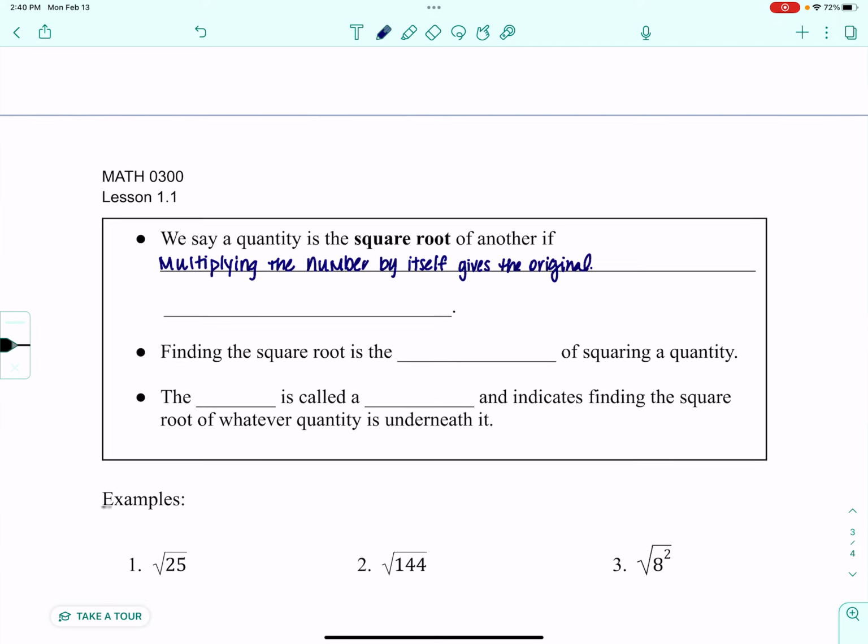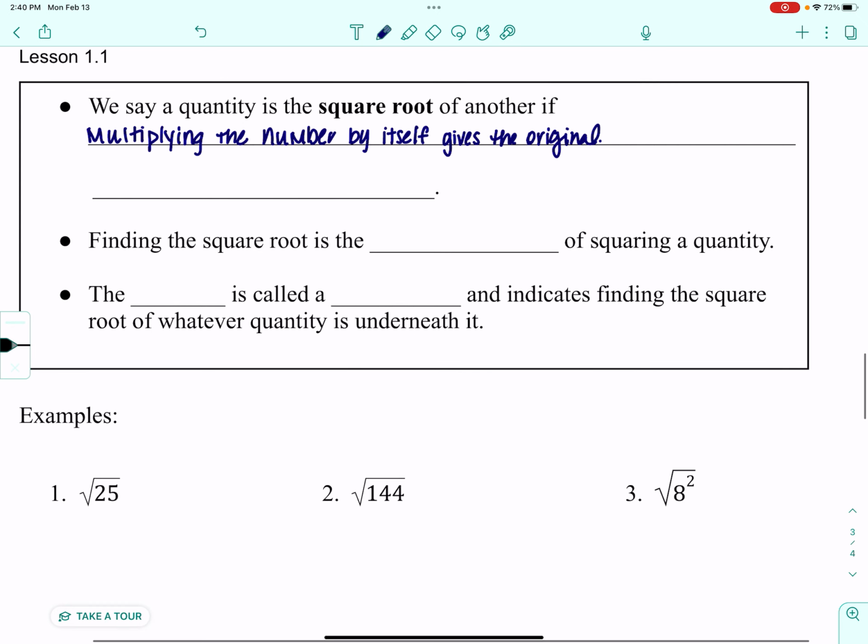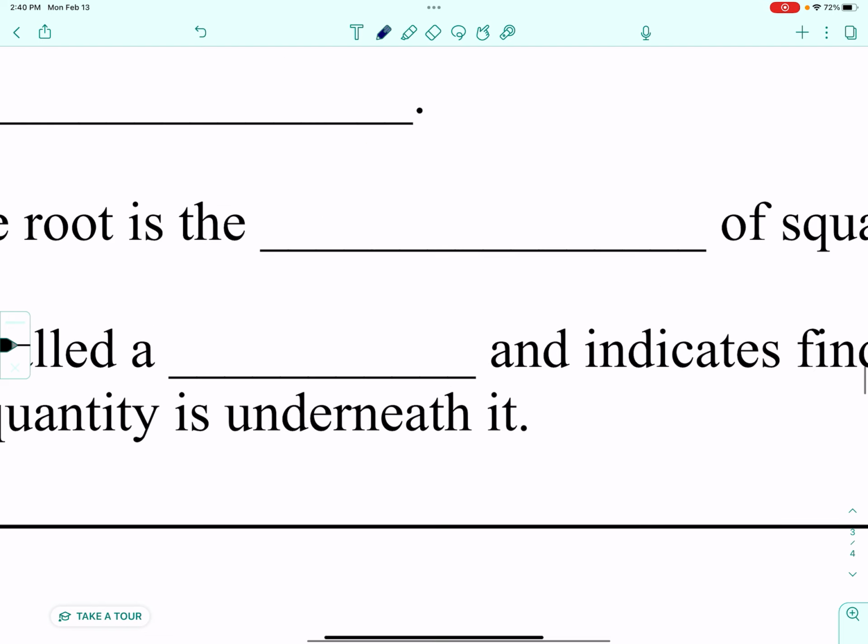When we find the square root, we need to talk about operations. When finding the square root, you are actually using the inverse, or the opposite, of squaring a quantity.